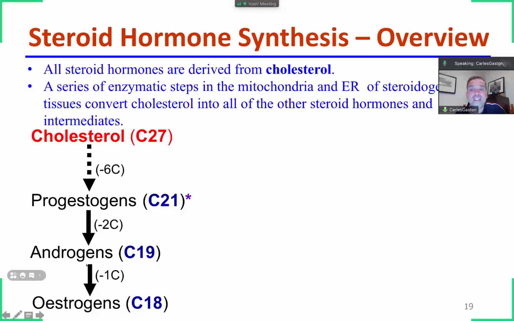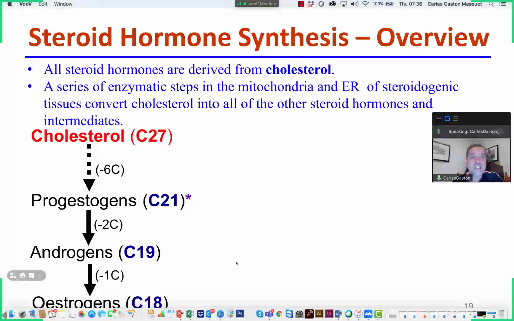Then there are a series of enzymatic steps in the mitochondria and the endoplasmic reticulum, in what are called steroidogenic tissues, that convert the cholesterol into all other steroid hormones, intermediates. Okay? And this normally occurs by taking out carbon groups. We don't want it. We want to modify it. How do we do this? Using decarboxylase enzymes. Okay?